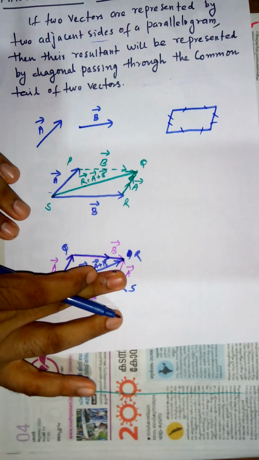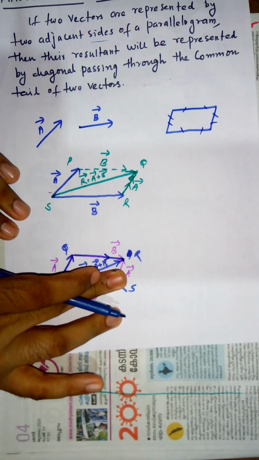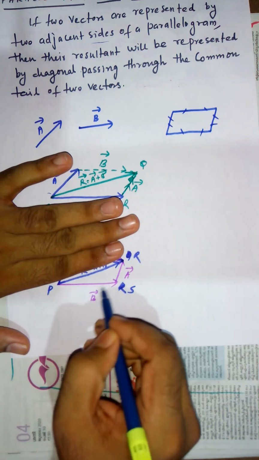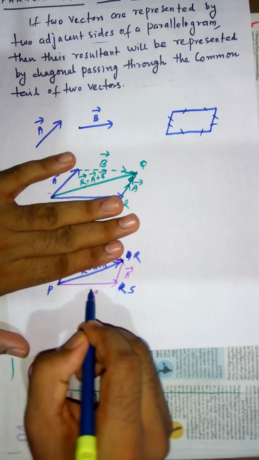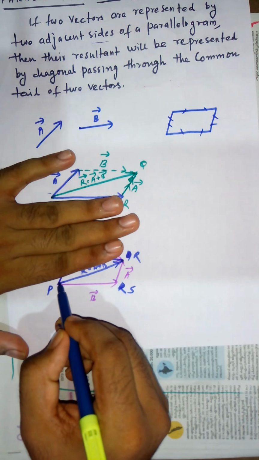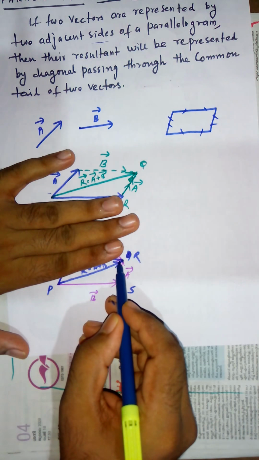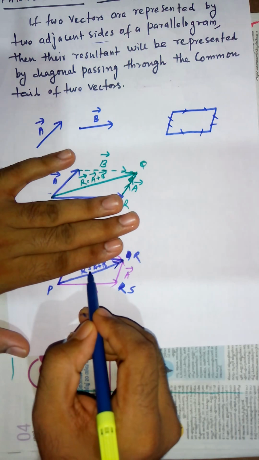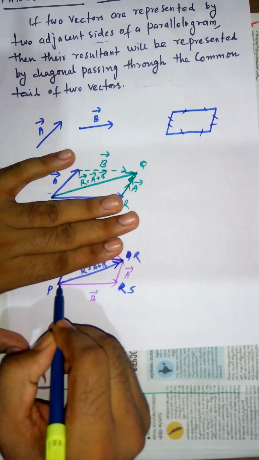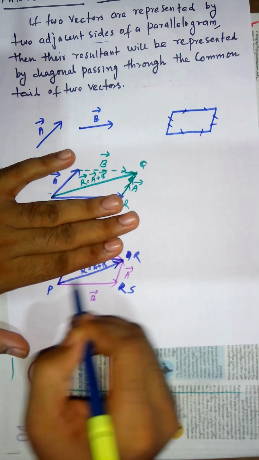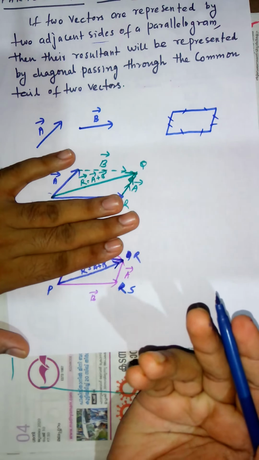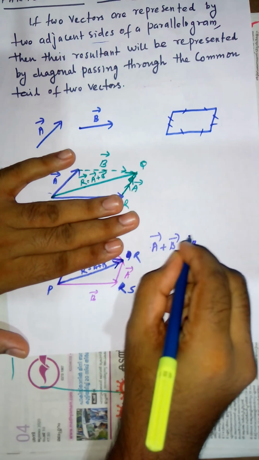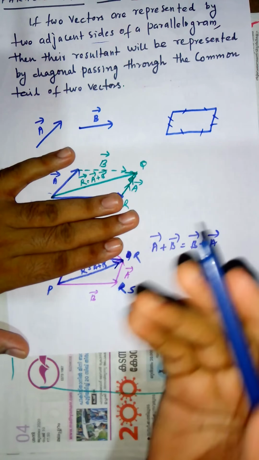So if you consider half of the parallelogram, this is actually the triangle law of vector addition. And if you forget about this triangle, it will provide us the same answer, because this is B, this is A, and this diagonal is taken in the opposite order of A and B, giving R equal to B plus A. But A plus B is equal to B plus A. Vector A plus vector B is equal to vector B plus vector A. So whatever it may be, it doesn't matter.